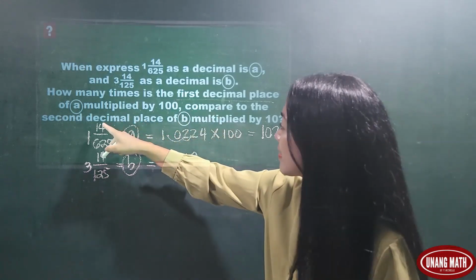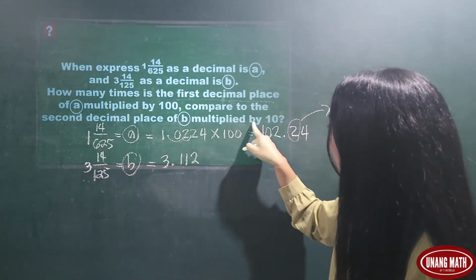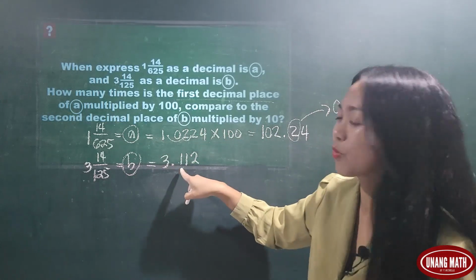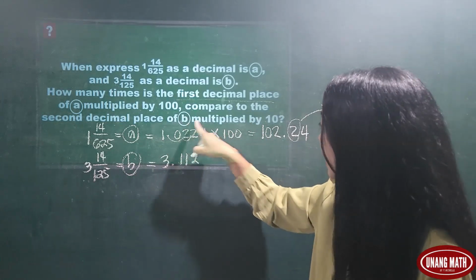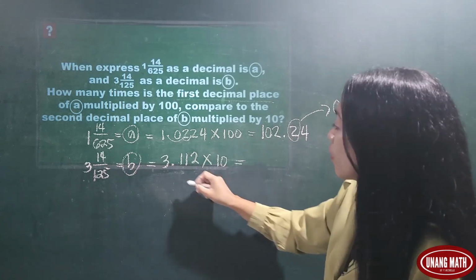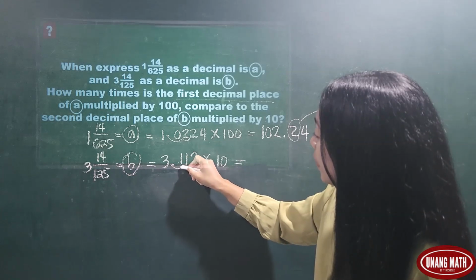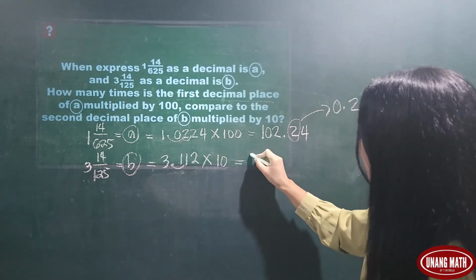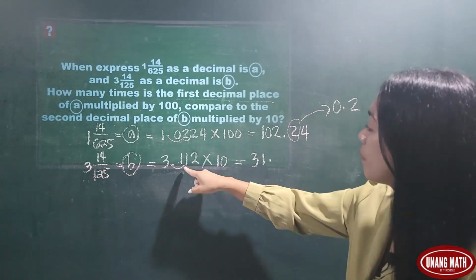Next, compare to the second decimal place of B multiplied by 10. So, B, or 3.112, we multiply by 10, or move the decimal point to the right once. So, this is 31.12.